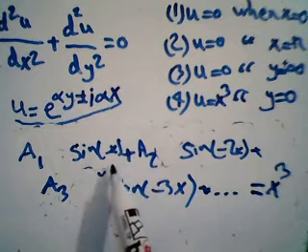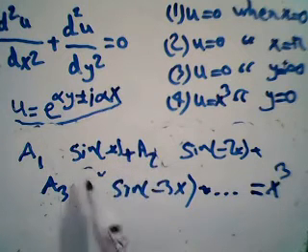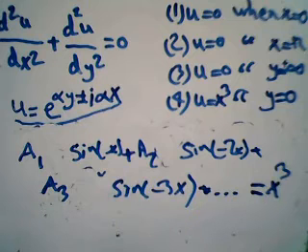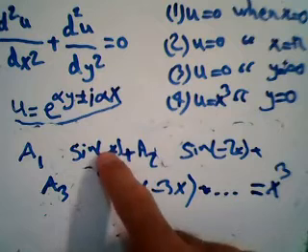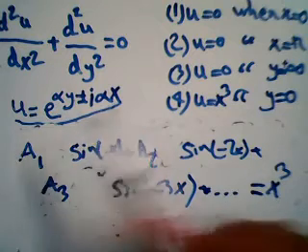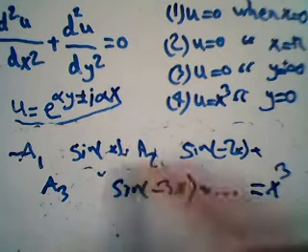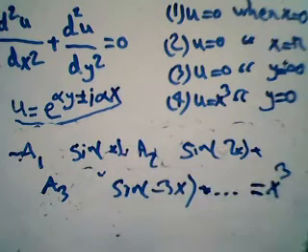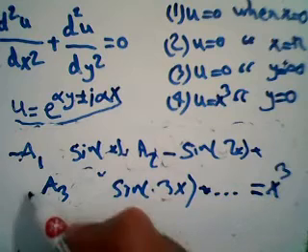And here sine of minus something equals minus the sine of that thing. So the minus goes here, and here, and here.